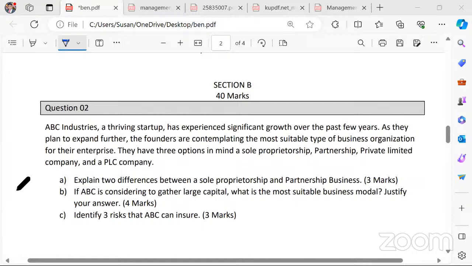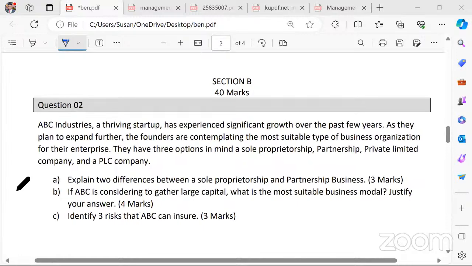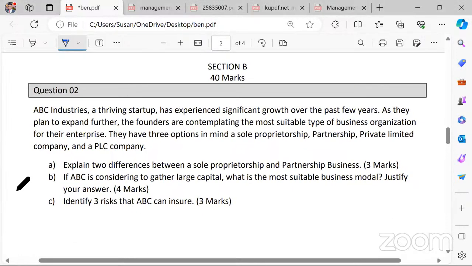ABC Industries, a thriving startup, has experienced significant growth over the past few years. As they plan to expand further, the founders are contemplating the most suitable type of business organization for the enterprise.